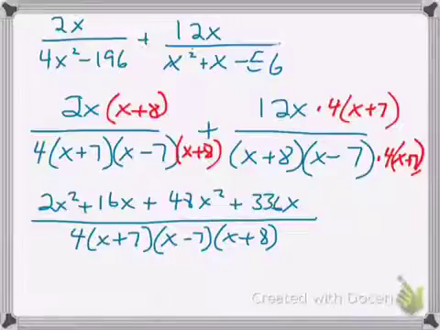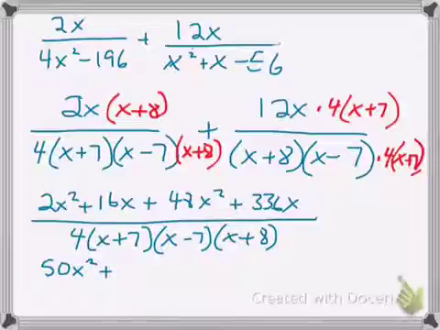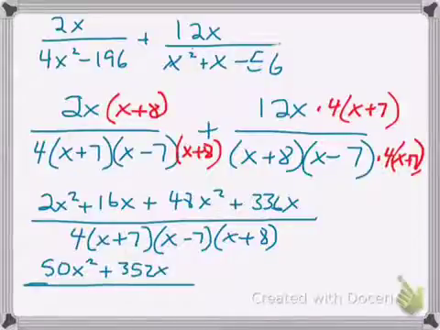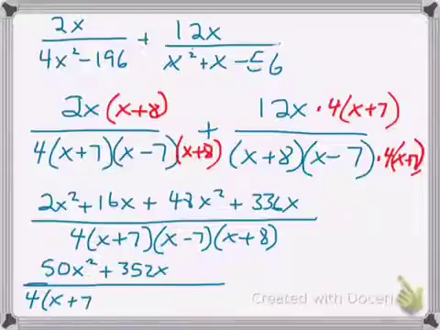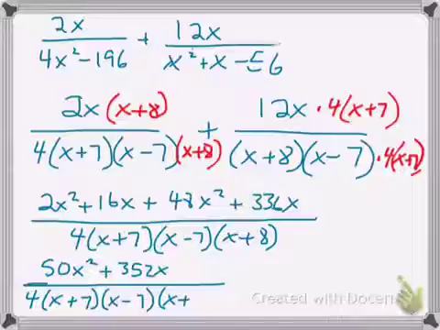Now I've got to simplify the top, right? Add those together and I get 50x squared plus 352x over 4 times x plus 7, x minus 7, x plus 8.